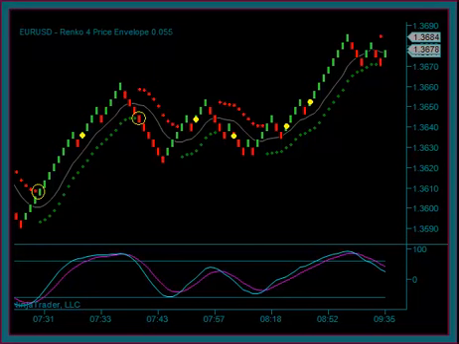This is a Renko chart. I'm using 4 bricks, and that's, again, just a function between the Renko brick size and the way they do it in TradeStation. This has a price envelope of 0.055. Simply came up with the envelope like we've discussed before, pretty much trying to match extremes.